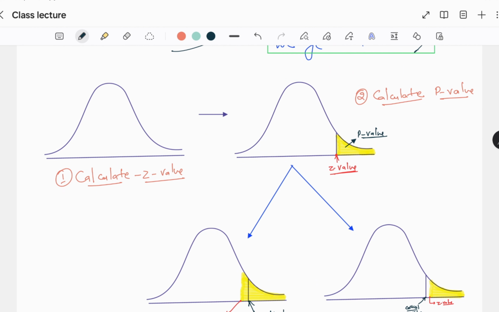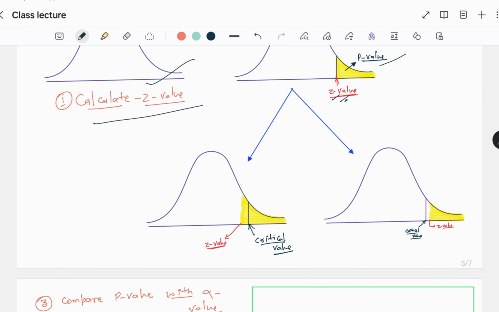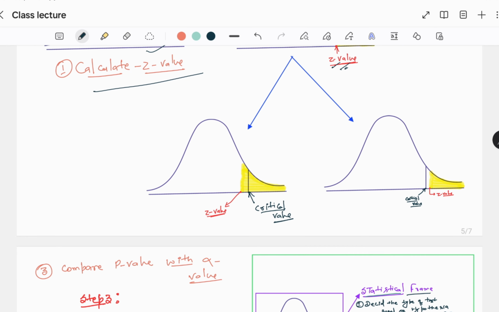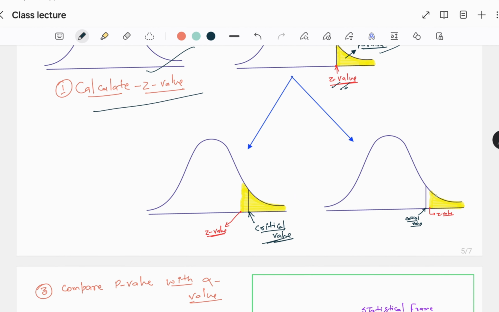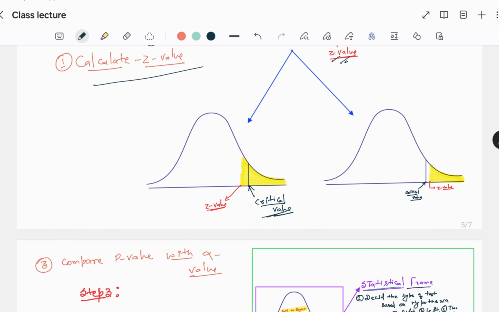This is our probability curve, we calculate the Z value, and from the Z value we get the p-value. There are two chances: either the p-value will cross this critical value, or the p-value will be lesser than this critical value.